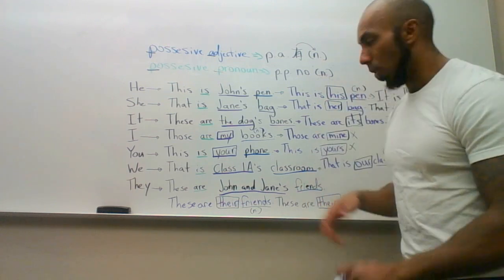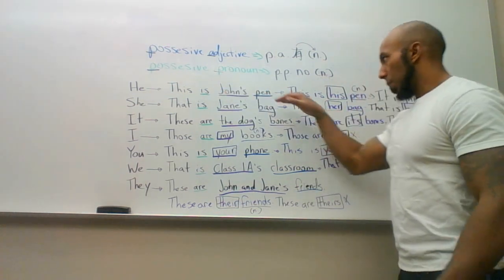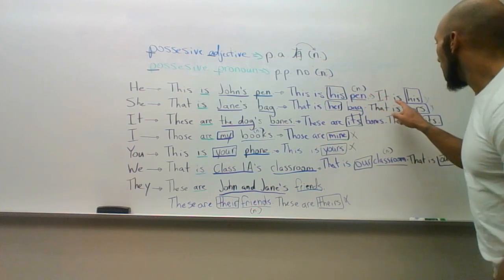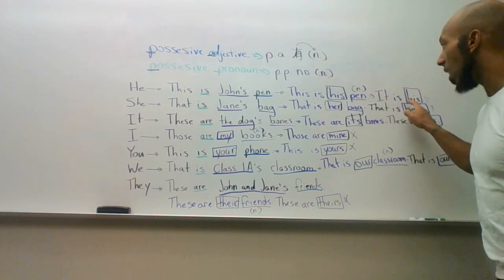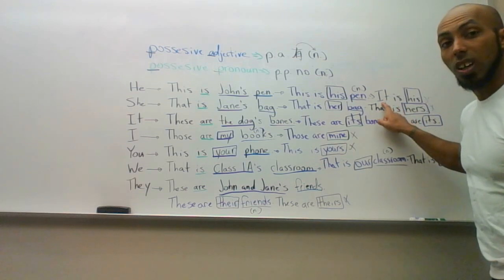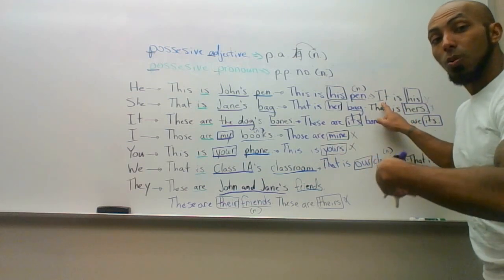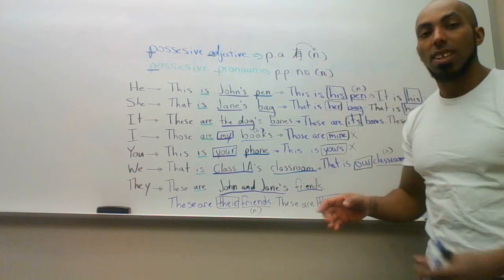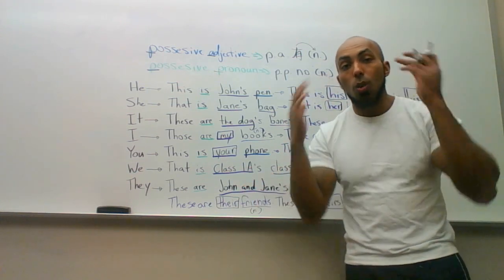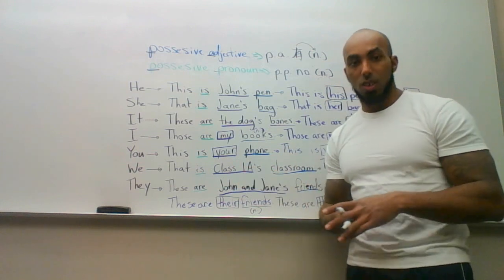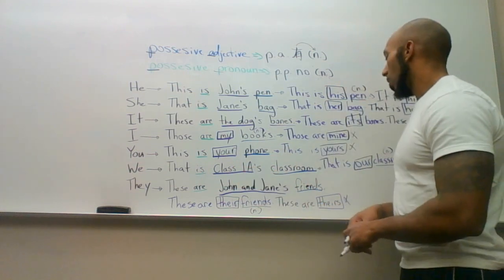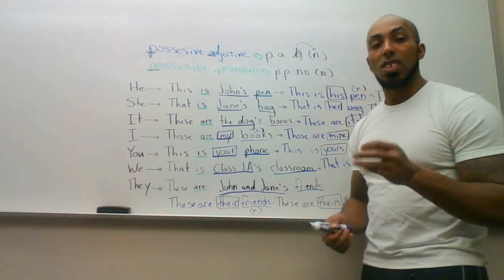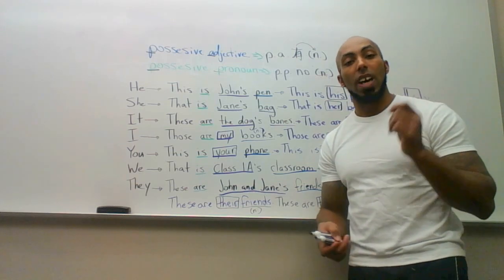Okay, for example, if we say this is John's pen, and our possessive pronoun sentence is this, it is his. It is talking about the object, which is the pen. Okay, we couldn't say it is his by itself because we don't know what it is. Okay, so remember that. But that's basically the difference between a possessive pronoun and a possessive adjective.